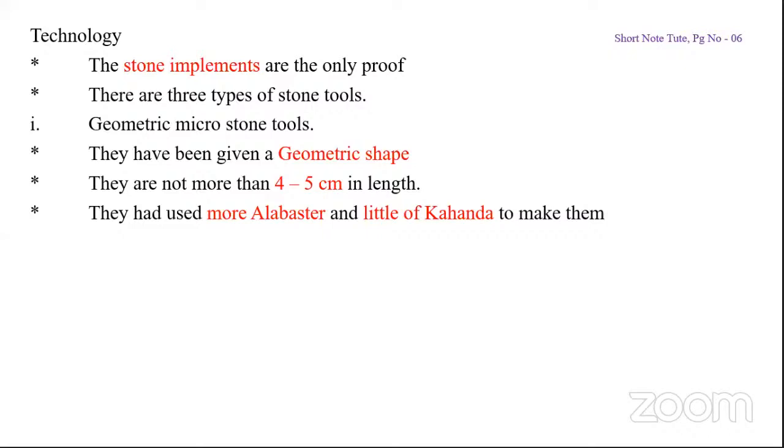Because when you make something very small using alabaster and Kantha stone, it is not breakable. That's why they were using alabaster and Kantha. So this is one type of stone tools, geometric micro.